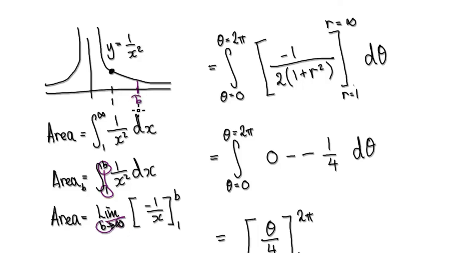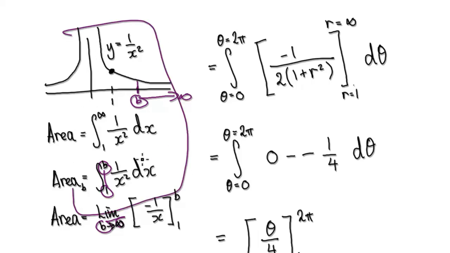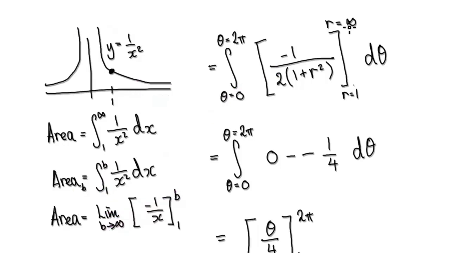So you have to slide this b all the way to infinity. But do that in your mind. Let's be lazy and just stick infinity into there. It will have the same effect.